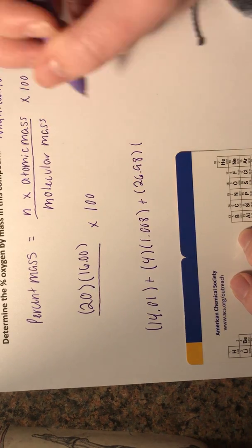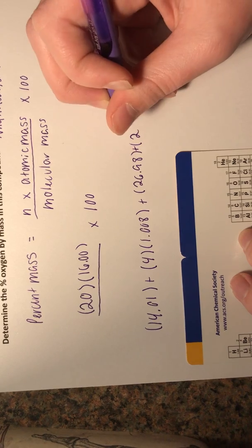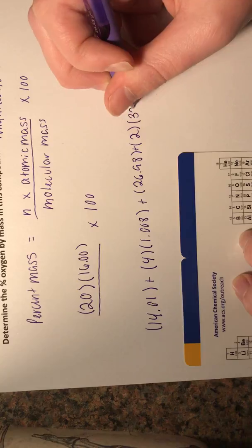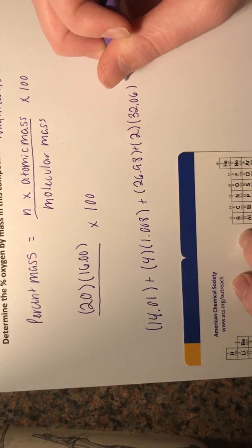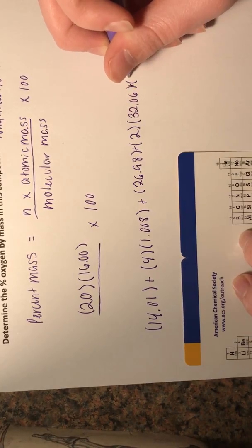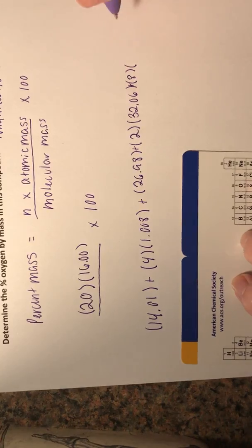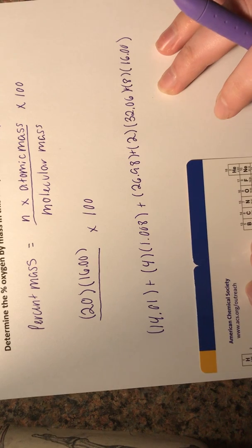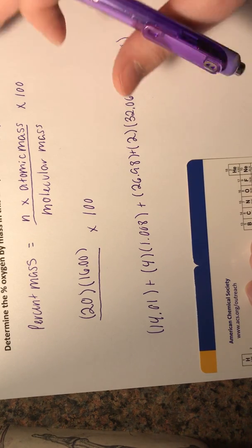And then we're going to add 2 times sulfur, 32.06, plus 8 oxygens, which is 16.00. And then we can compute this and add it together.